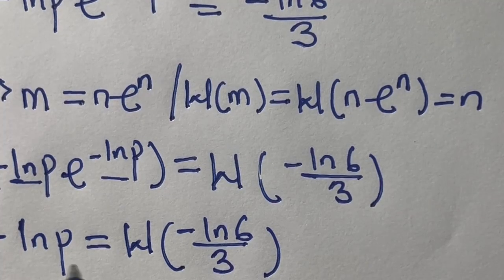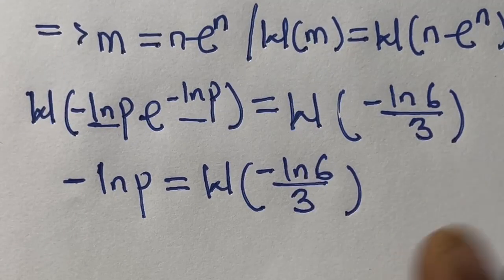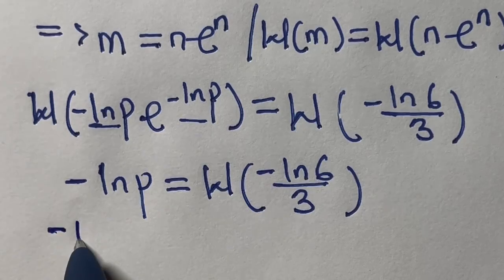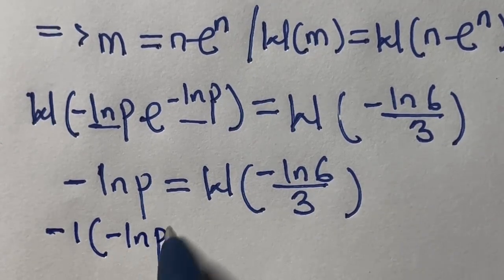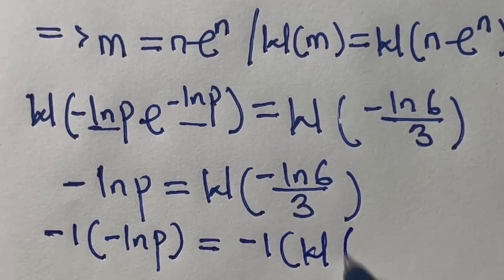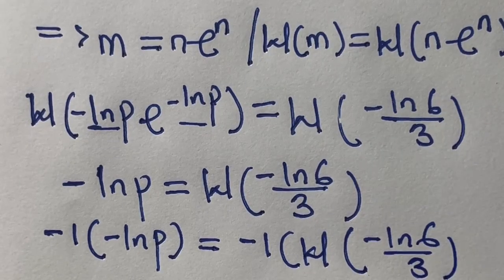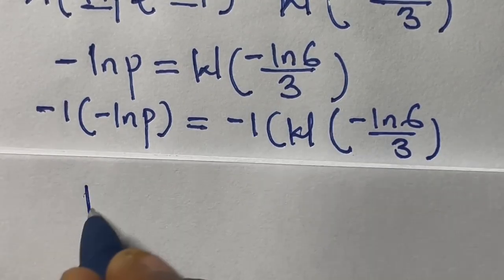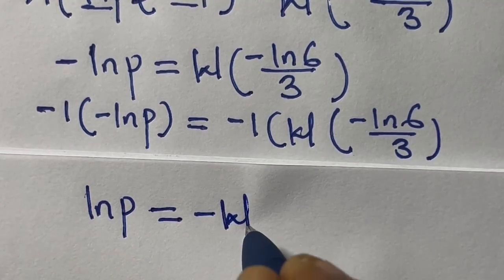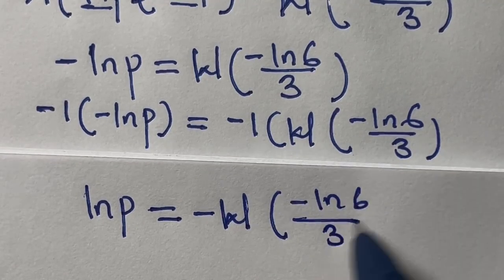You should know that we want to find p, so that means we have to multiply both sides by minus 1. So if we multiply both sides by minus 1, we have minus 1 multiplied by minus ln p equals minus 1 times the Lambert function of minus ln 6 divided by 3. What we are going to have now is ln p equals minus the Lambert function of minus ln 6 divided by 3.